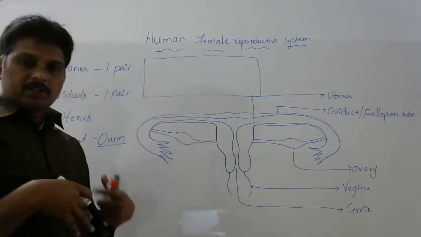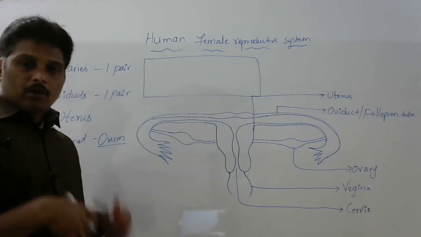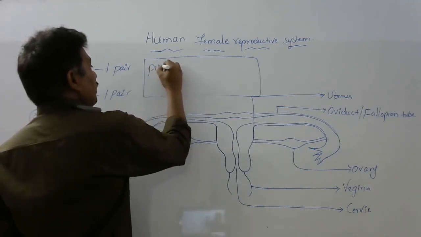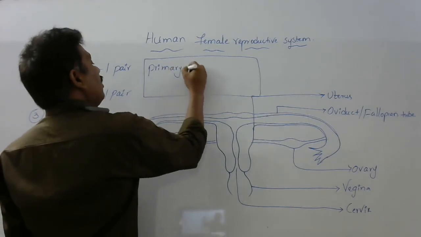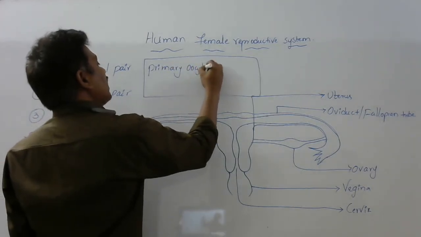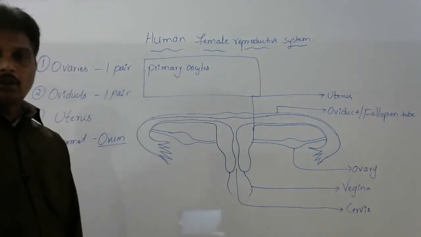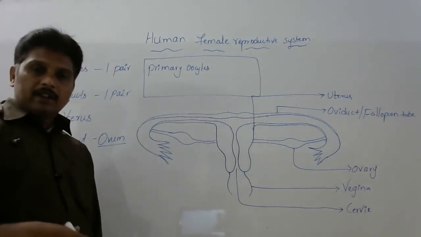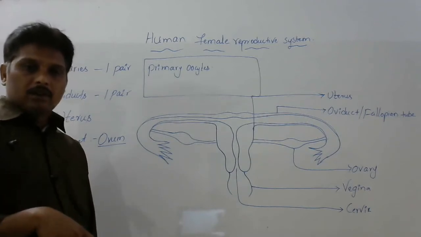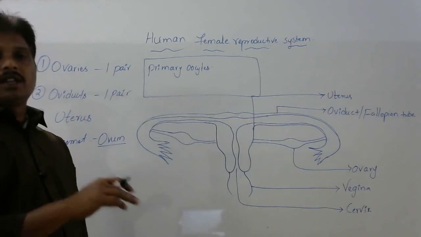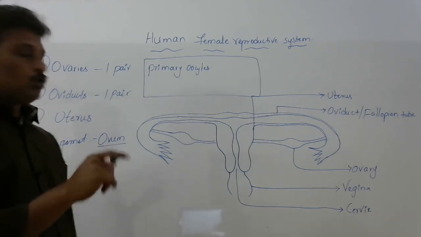Inside the ovaries, specialized cells are present. They are called primary oocytes.